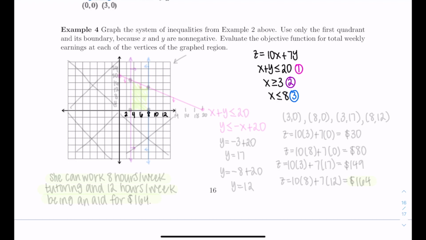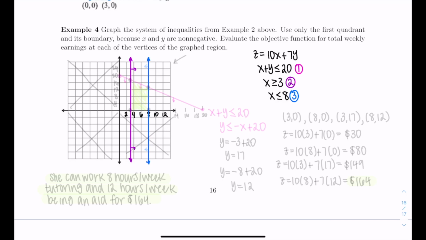So let's plot the second equation first. That's going to be a vertical line, and it's going to be solid at x equals 3. And we are going to shade to the right. For the third equation, that's going to be a vertical line at 8.